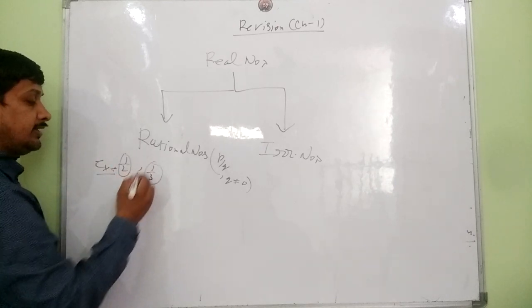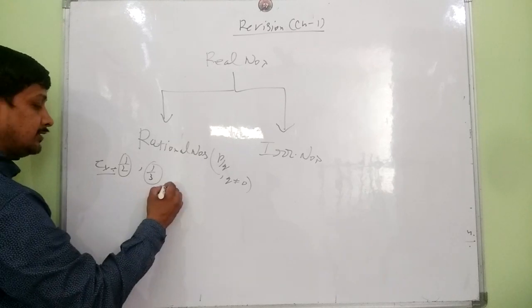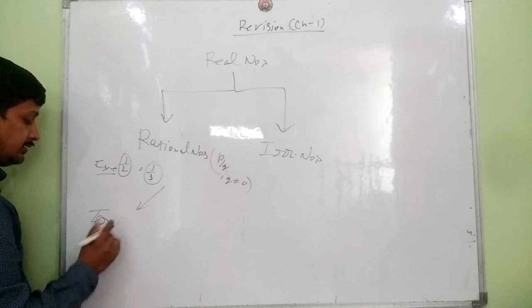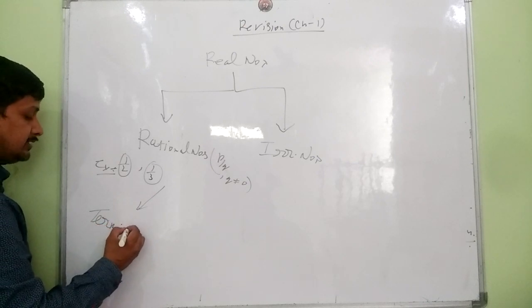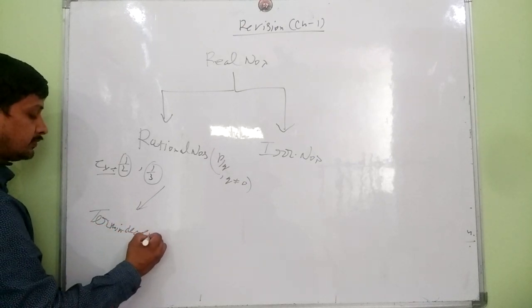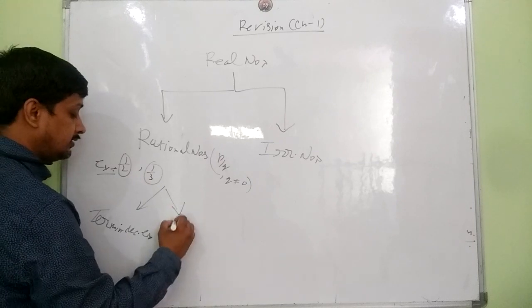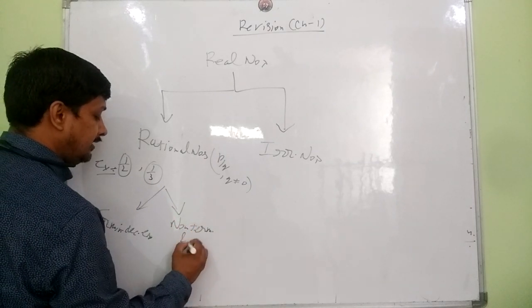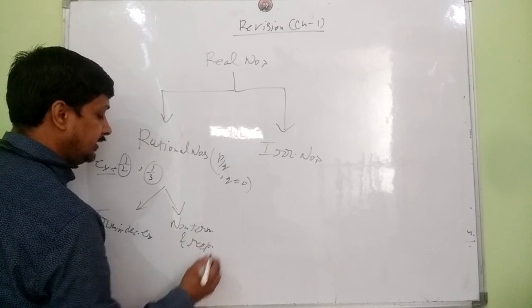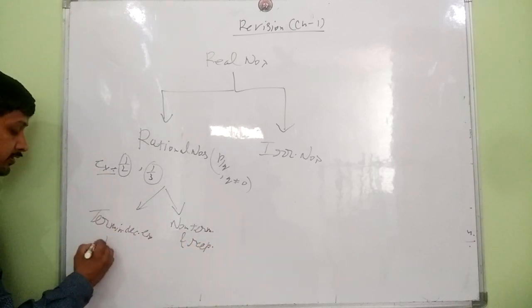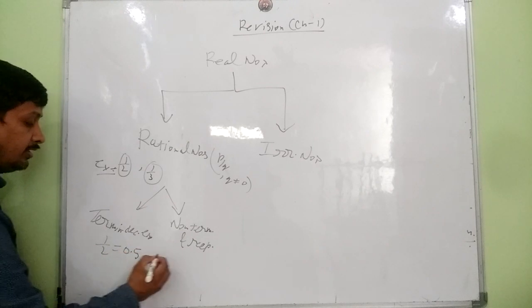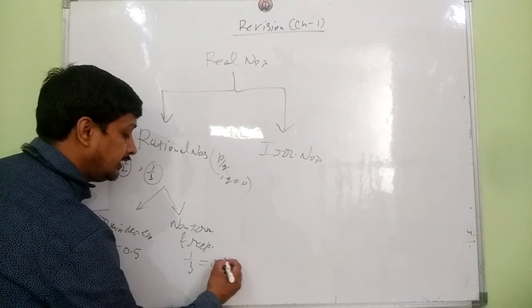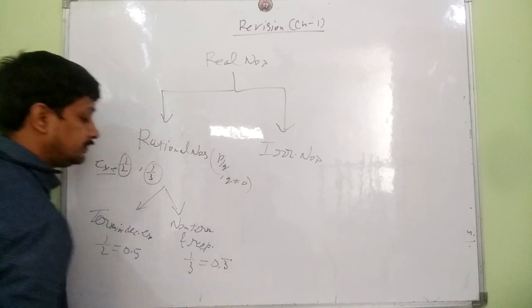They can have two types of decimal expansion: one is terminating decimal expansion, and the other is non-terminating and repeating decimal expansion. For example, 1 by 2 will give 0.5 and 1 by 3 will give 0.33333, that is 0.3 bar.